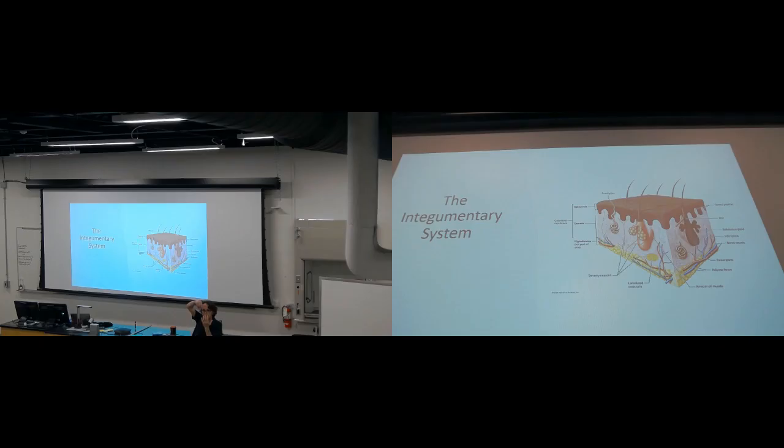So these extensions of the epidermis are called rete ridges, and then they connect with the papillary dermis. Why do you think we have this type of connections? Why does the epidermis bind like this to the dermis? Why not just flat like this?